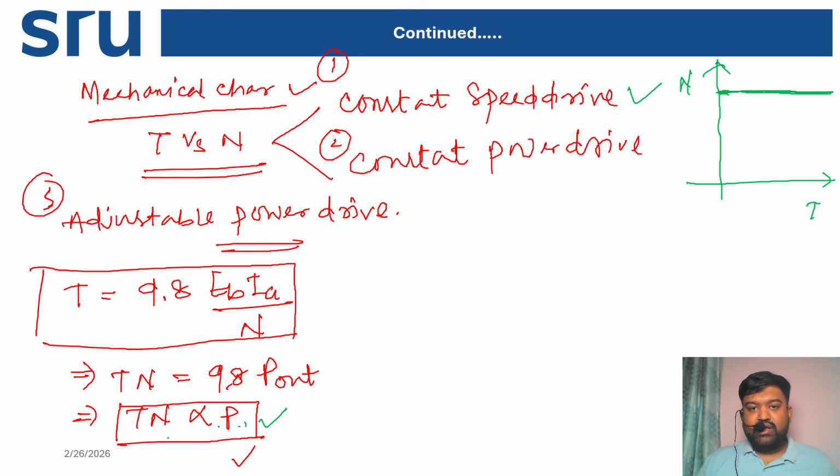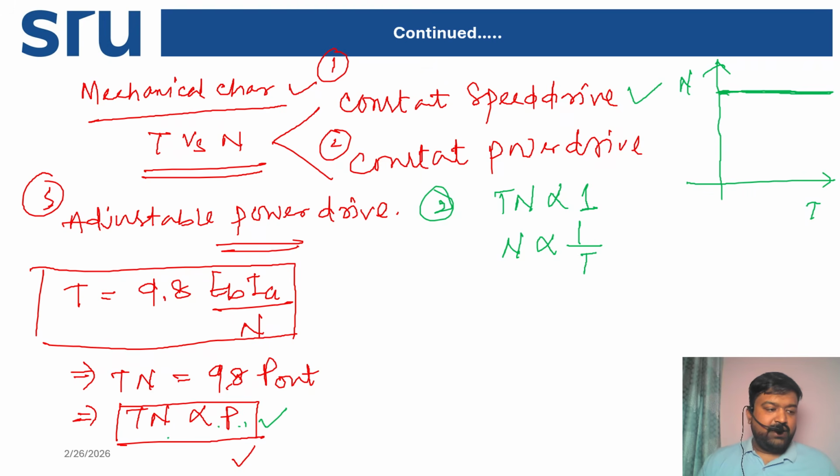Second, the condition that is your constant power drive. If I am saying constant power drive, then the torque and speed are directly proportional to one constant. Then you can find the relation that speed is inversely proportional to the torque, right?